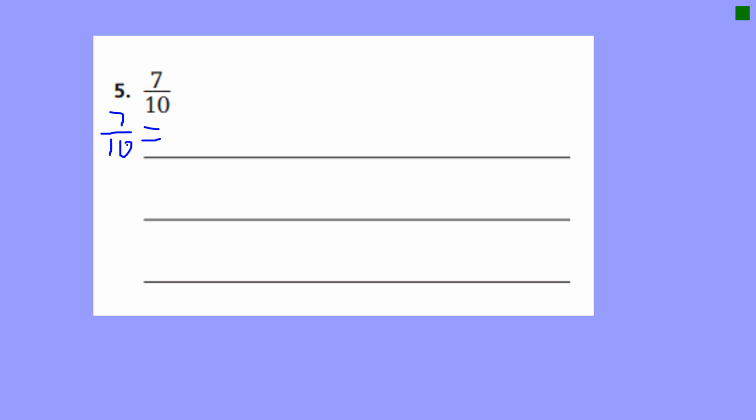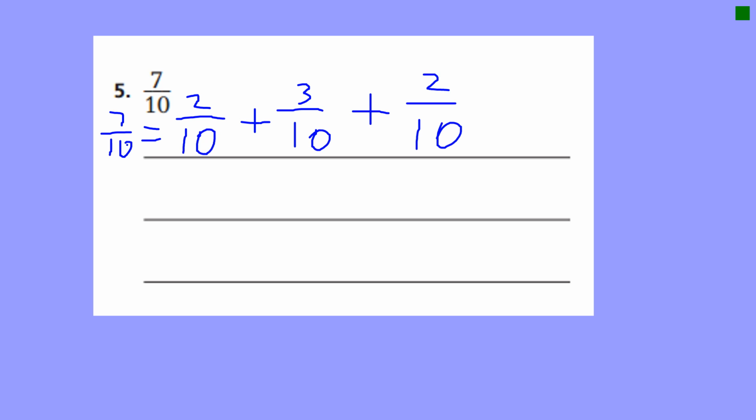Let's just go like 2 out of 10 equal parts plus, I'll do 3 out of 10 equal parts plus, what do I need last? 2/10 plus 3/10, that's 5/10, 5, 6, 7. So I need 2 more tenths. Okay, so 7/10 can be written as 2/10 plus 3/10 plus 2/10.